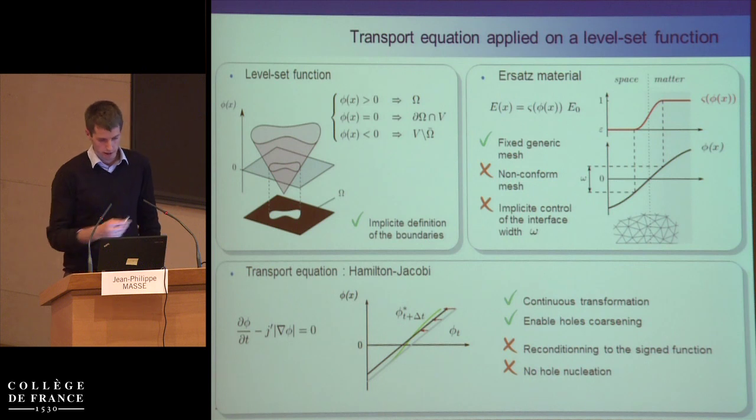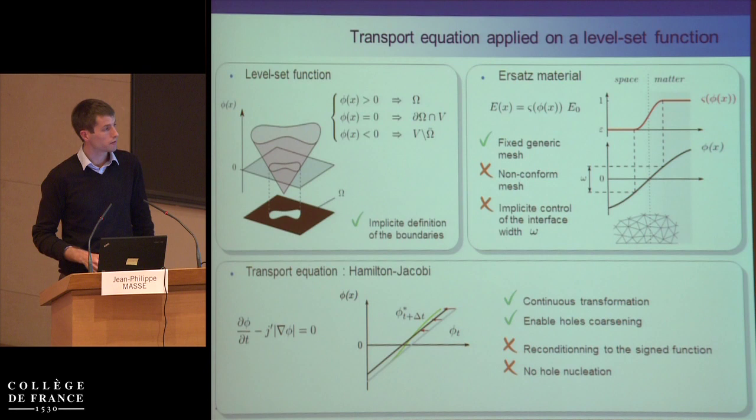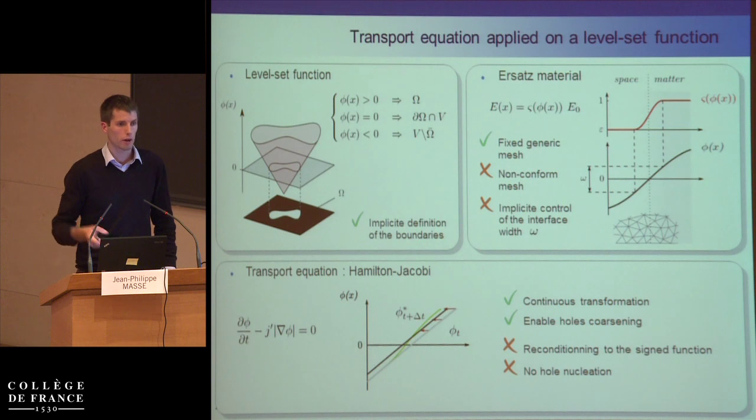So these are details on the level set function and how to define the geometry with it. Just quickly, when this function is positive, we have matter. Where this function is negative, we don't have any matter, we have void.